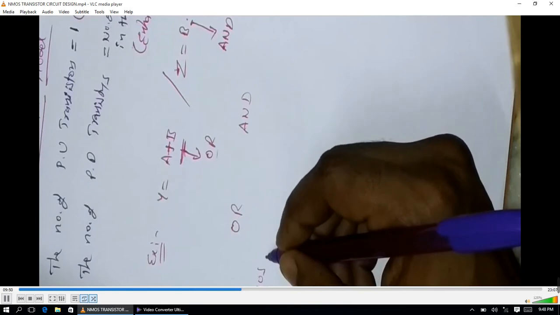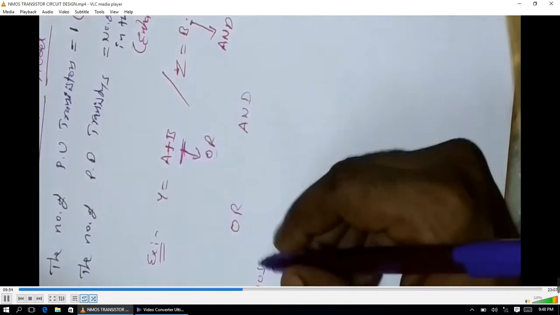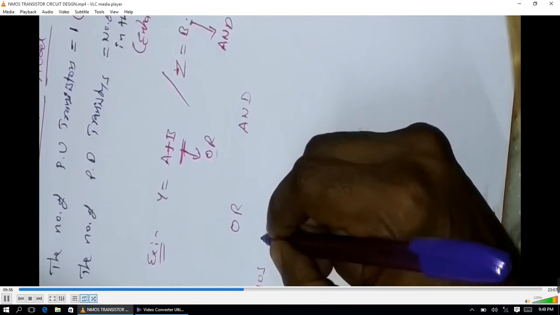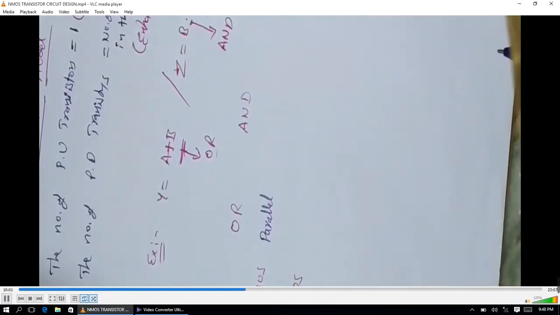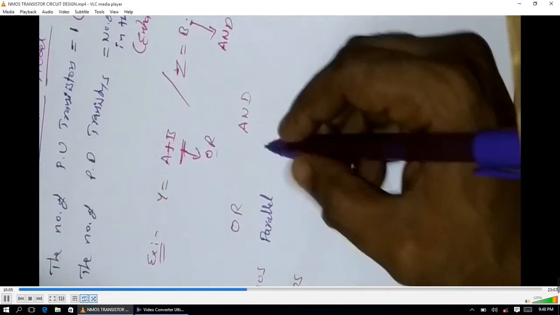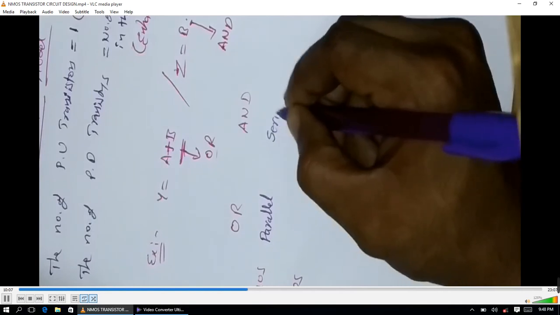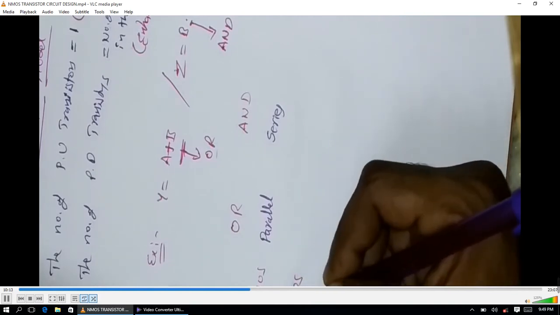If it is NMOS transistor logic, for the OR operator, that means addition, the NMOS transistors are connected in parallel. For the same NMOS logic, for the AND operation, all the transistors are connected in series. Similarly, PMOS logic is quite the opposite of NMOS logic.